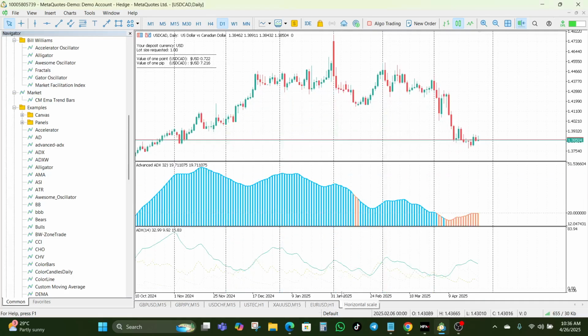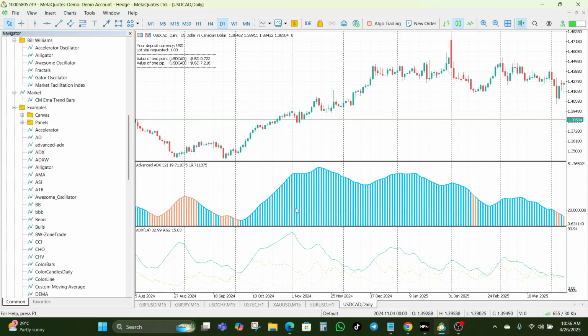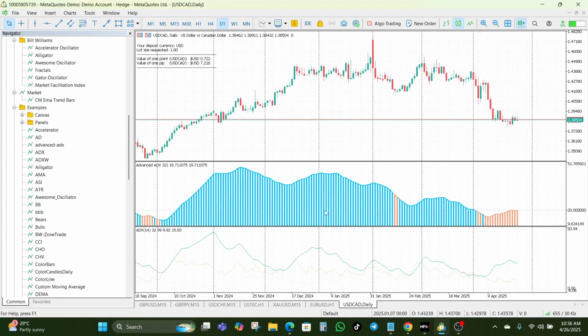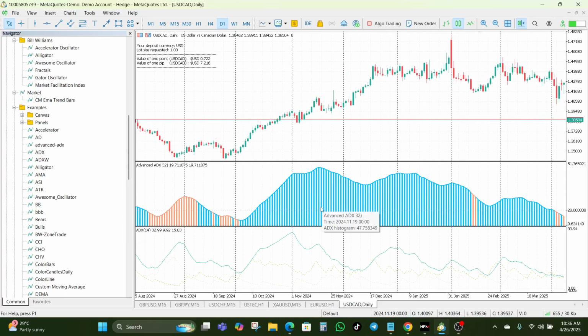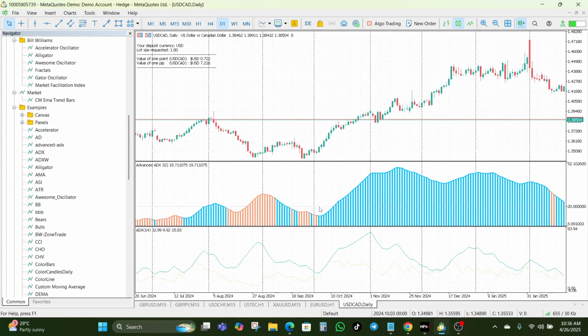You can see that the ADX indicator basically works with lines, right? But the advanced ADX indicator goes a bit further and uses what looks like histogram bars, and of course uses color codes to let you know when bullish momentum is prevailing and when bearish momentum is prevailing.